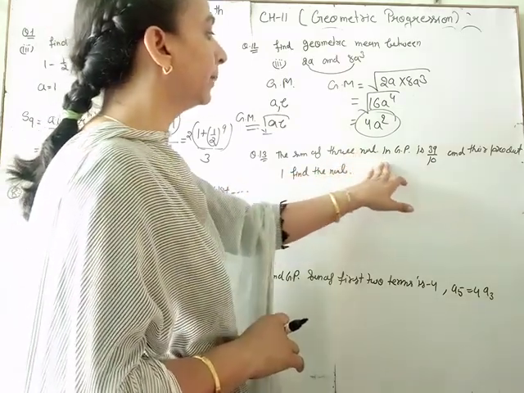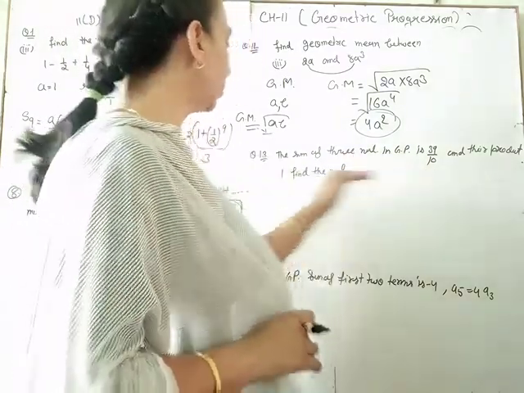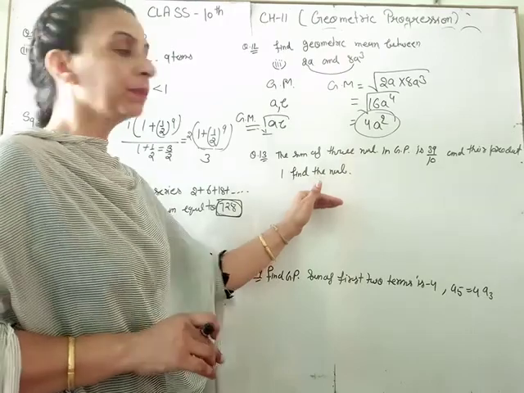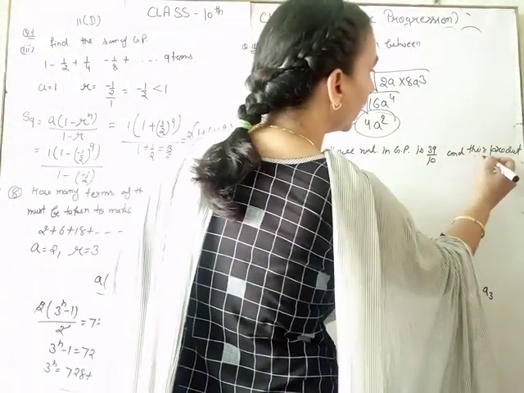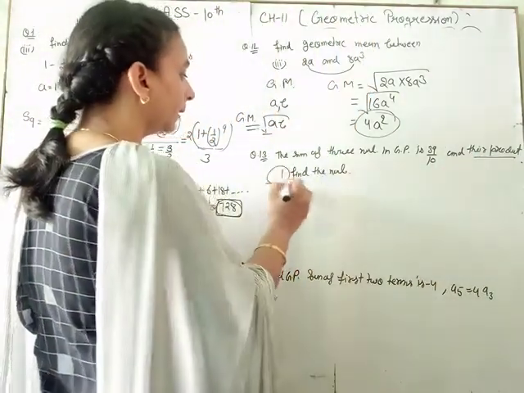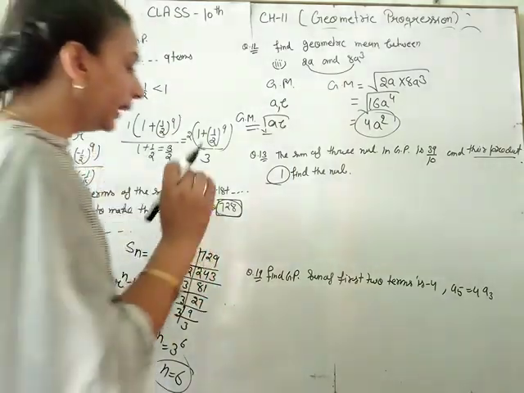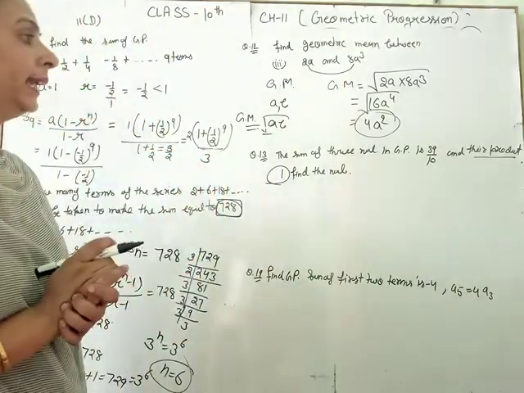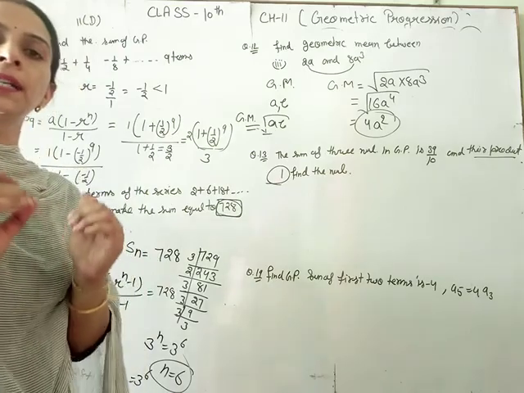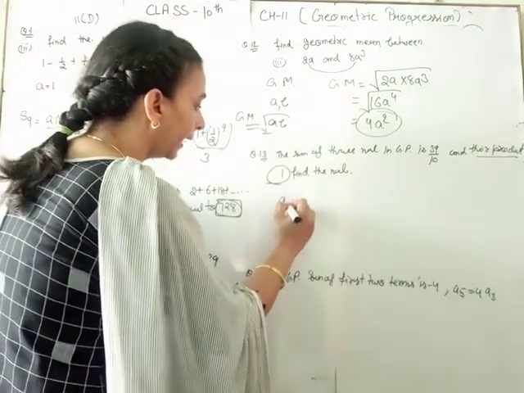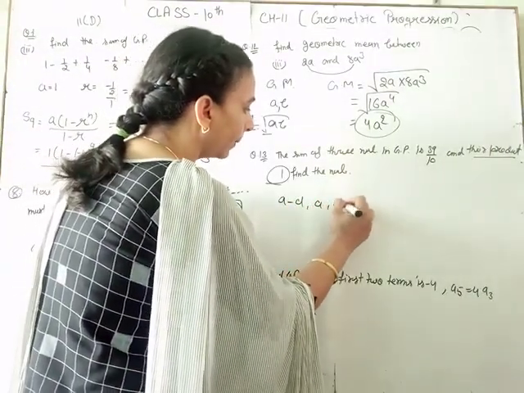Okay. Next is question number 13. The sum of three numbers in GP is 39 by 10 and their product is 1. Find the numbers. Students, in an AP, if the sum of three terms is given, then we take a minus d, a and a plus d.